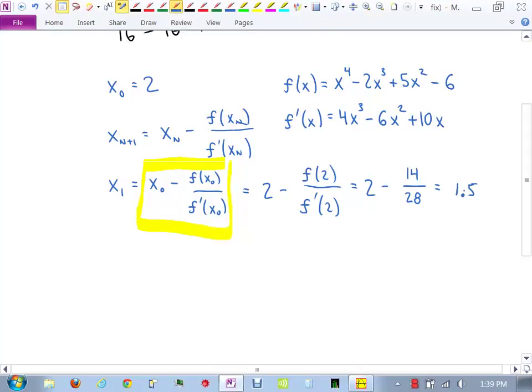Agreed? That's exactly 1.5. So that's x sub 1. Now, what's x sub 2? It's x sub 1 minus f of x sub 1 over f prime x sub 1, which is 1.5 minus f of 1.5 over f prime of 1.5.